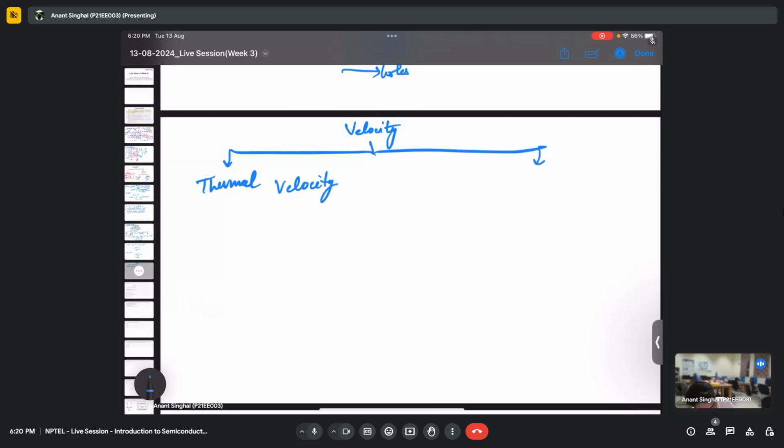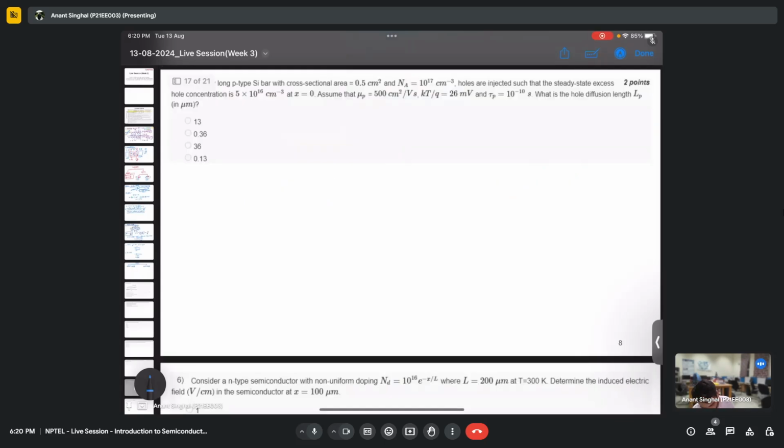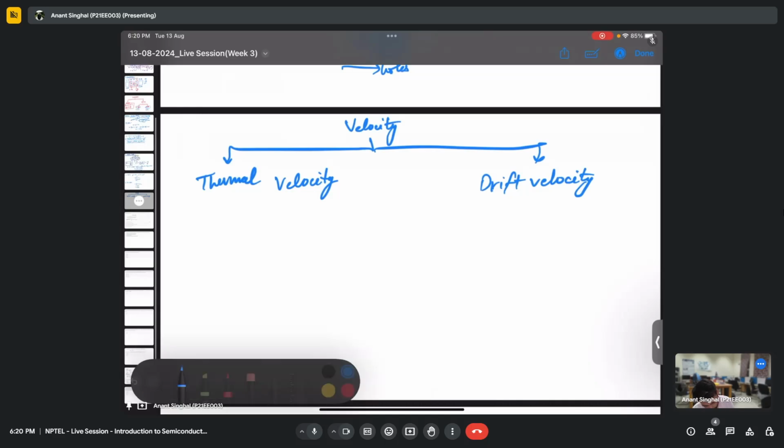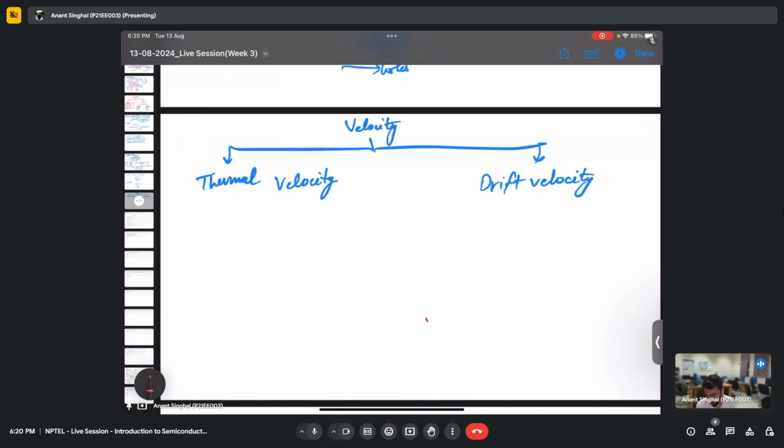The second one is the drift velocity. These are the most important topics for this particular lecture, so please be aware, and if you have any doubt in between, you can ask. Thermal, as the name suggests, is due to the temperature change, and the drift velocity is due to the applied electric field.